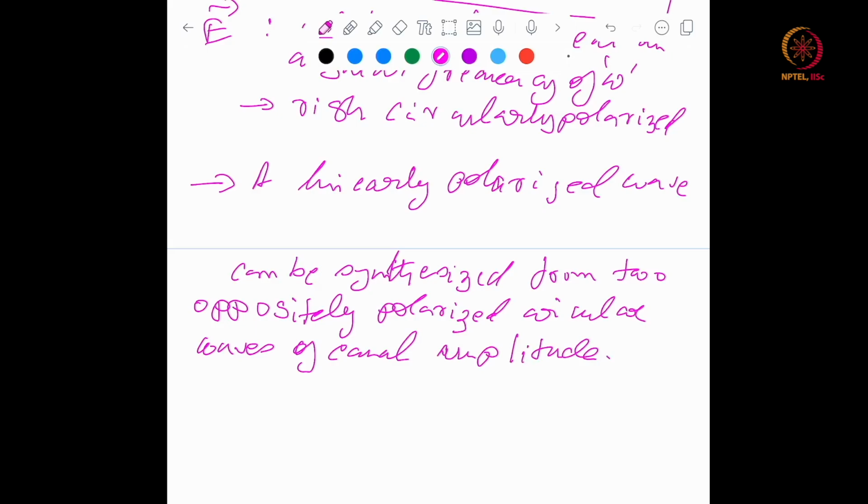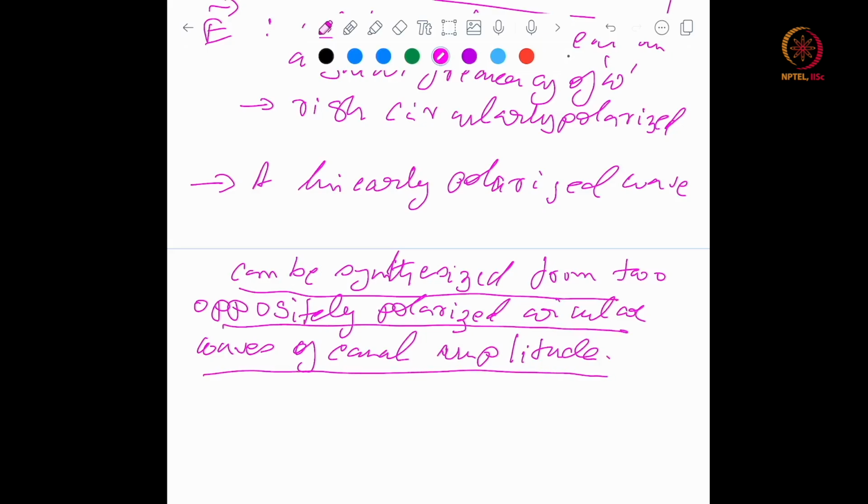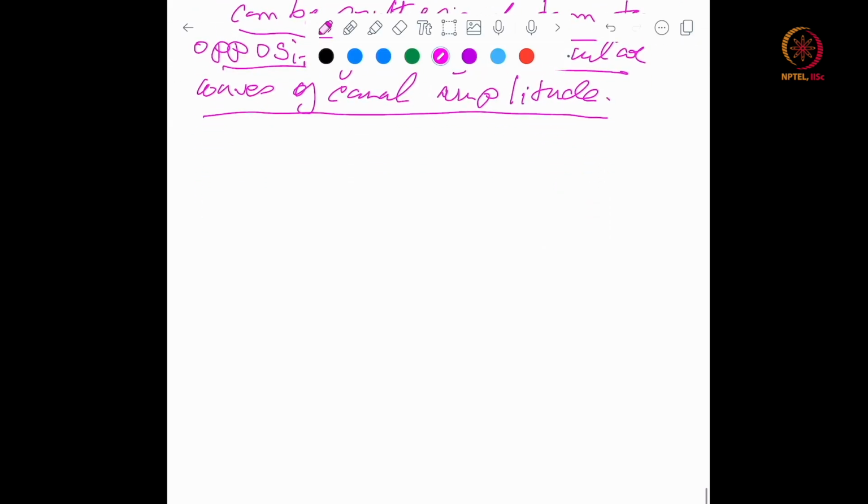This is another thing that one should note. So this is the important part, that it can be synthesized from two oppositely polarized circular waves of equal amplitude. So lastly, you have this elliptical polarization.